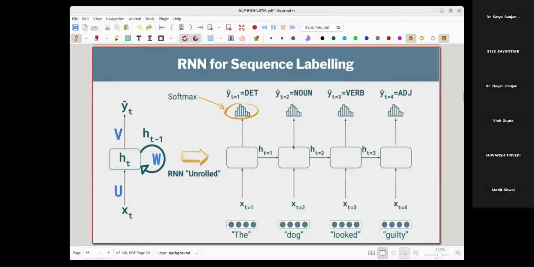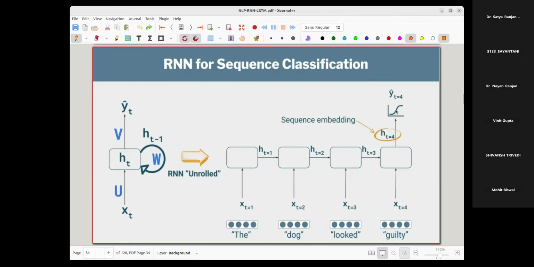In order to properly find out the part of speech for dog, we need to understand what the previous word is. So the previous word information is coming through this recurrence connection. Now it processes dog along with the information of "the", and this will again produce a noun, and similarly it is going to produce all the corresponding part of speech outputs. Okay.